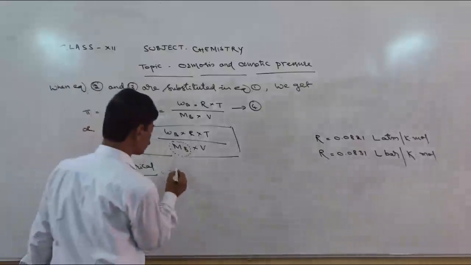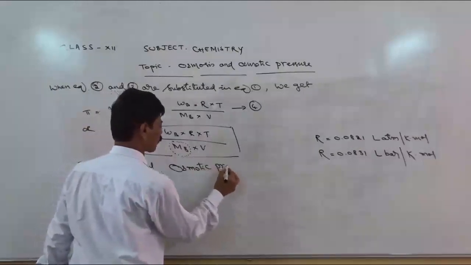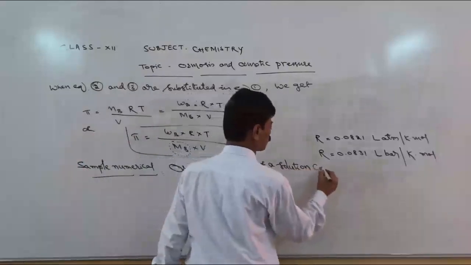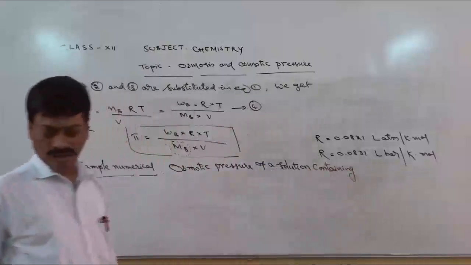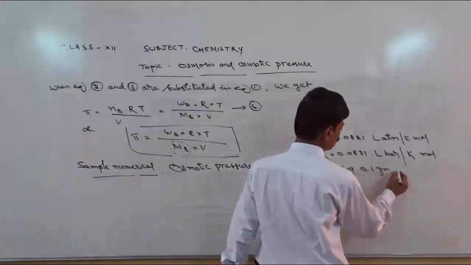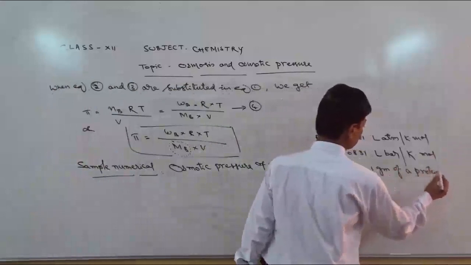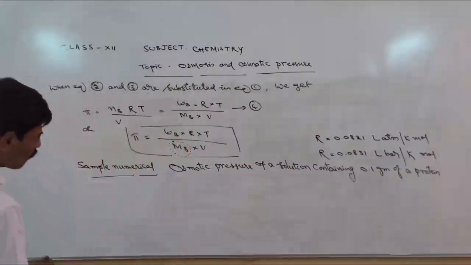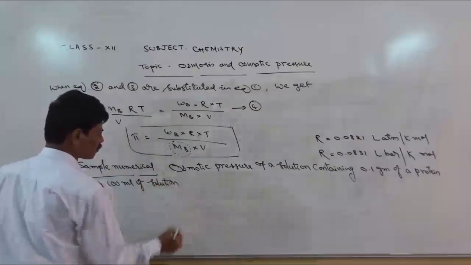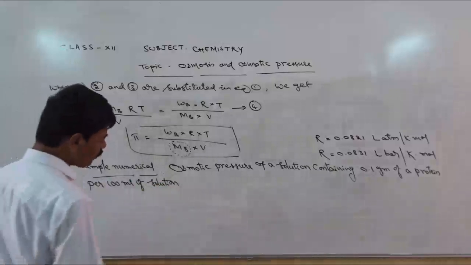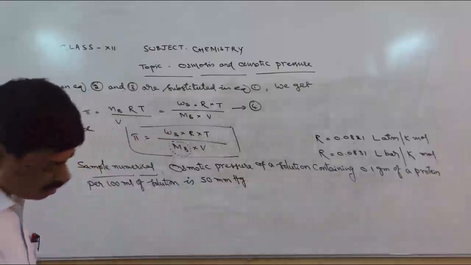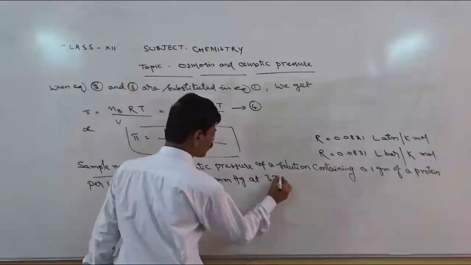Osmotic pressure of a solution containing 0.1 gram of a protein per 100 ml of solution is 50 millimeters of mercury at 37 degree centigrade.